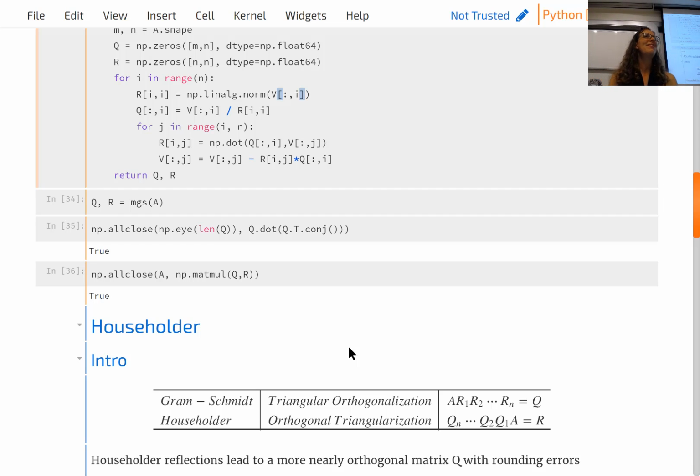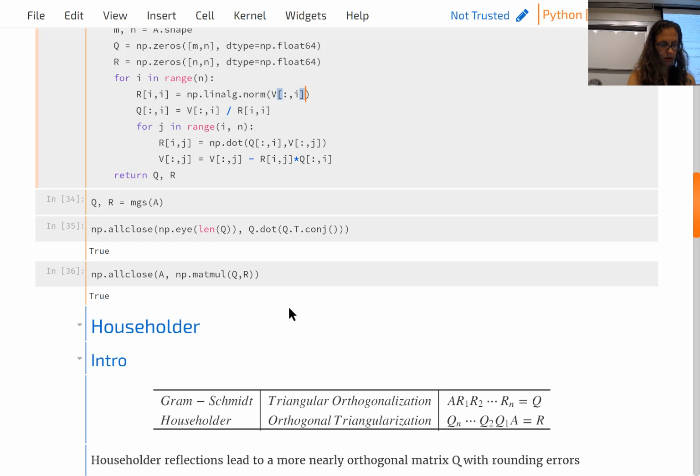I wanted to change topics a little bit. Oh, yeah. Ask about something like QR factorization. Is there some intuition for why RQ ends up, why it converges to something upper triangular? Let me go back to the QR factorization.